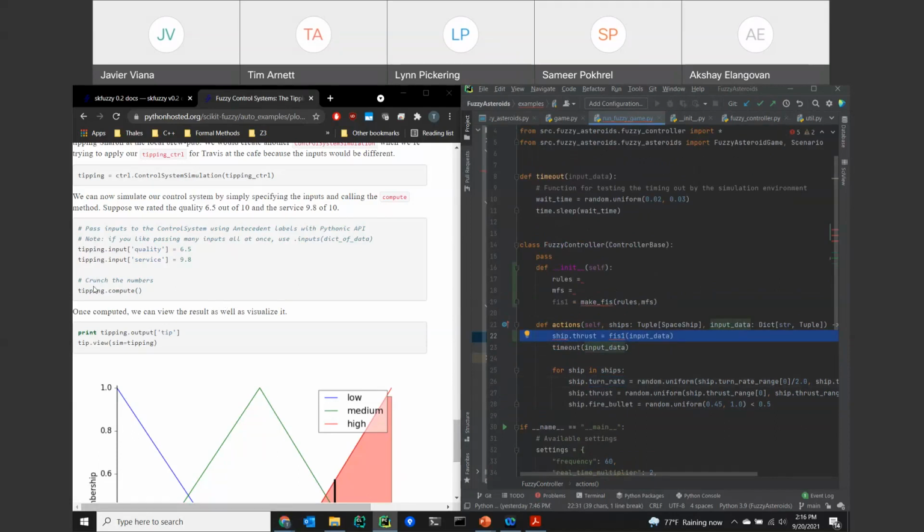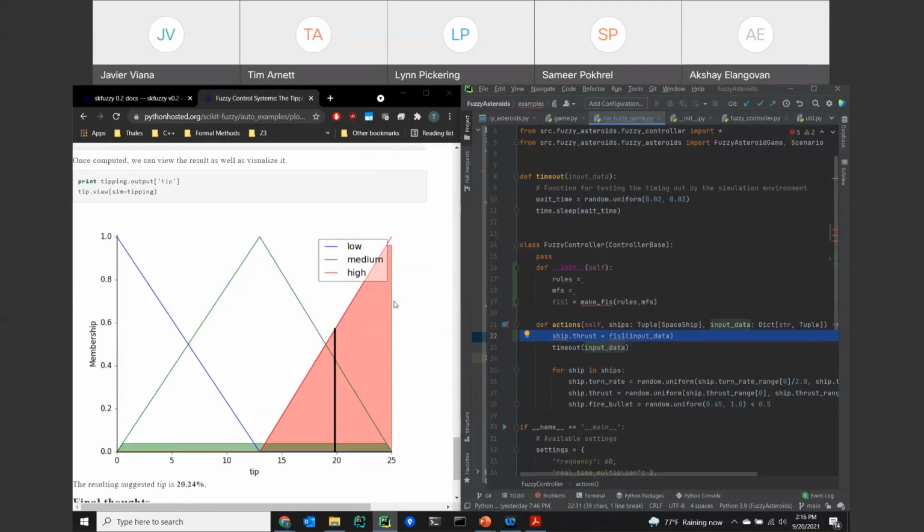I did see someone commented that there's a fuzzy toolbox for Octave that can run MATLAB. I assume they mean MATLAB code with little to no change, but it has trouble handling inputs that are outside the range. Yeah, that can be a thing. That really depends on the module you're using and how it handles that.